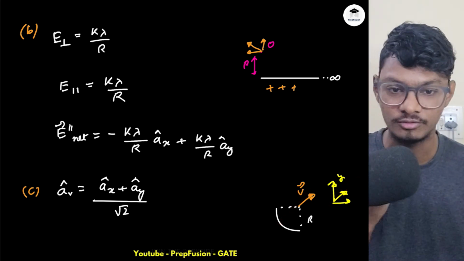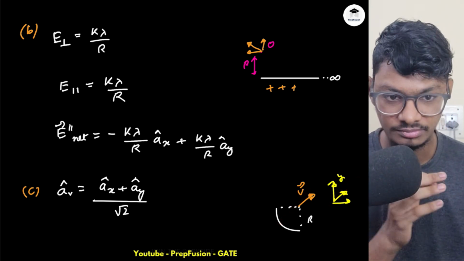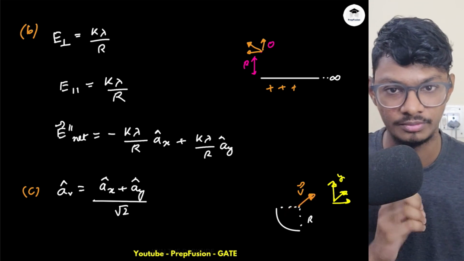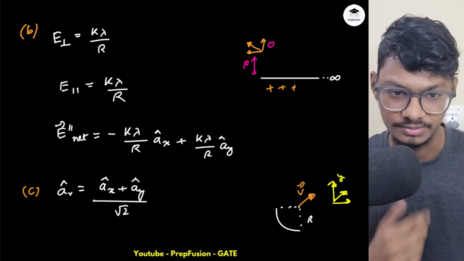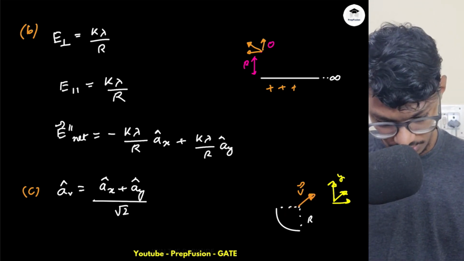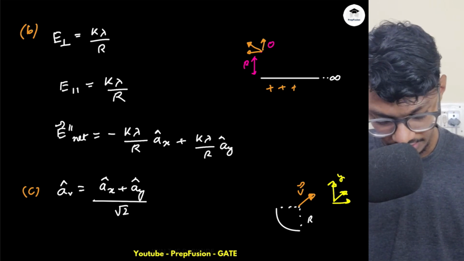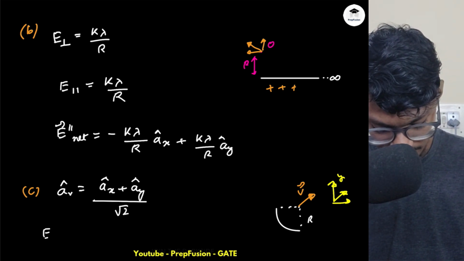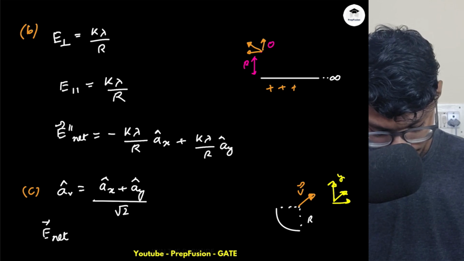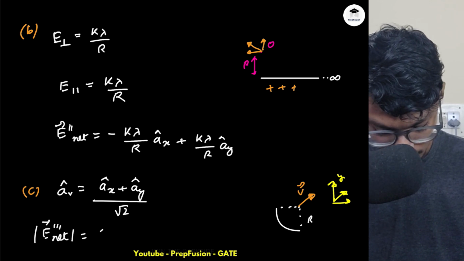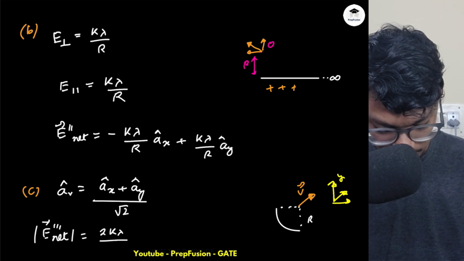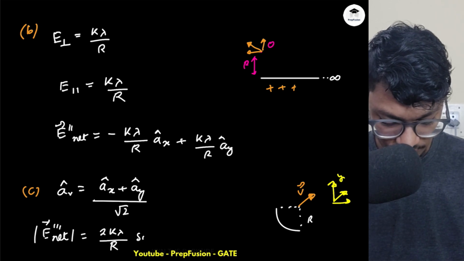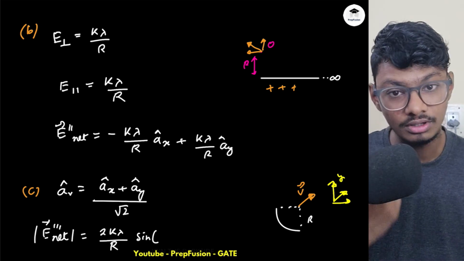So these things you have to do in a short amount of time. You just cannot derive everything, it will take you a huge amount of time in the examination. You should do this by intuition. So the unit vector is this, and what is the magnitude of my electric field? The electric field E triple dash net magnitude is 2k lambda by r sine of alpha by 2.